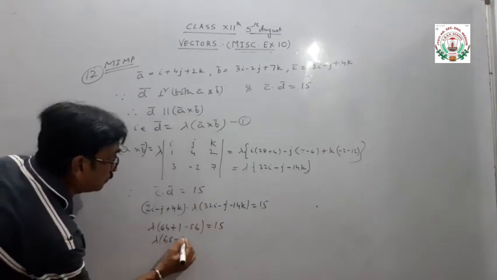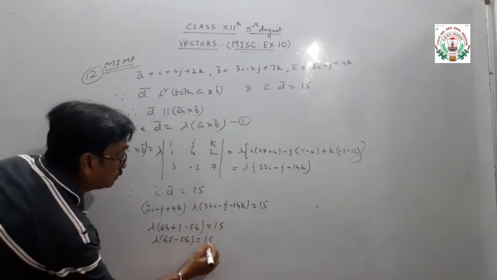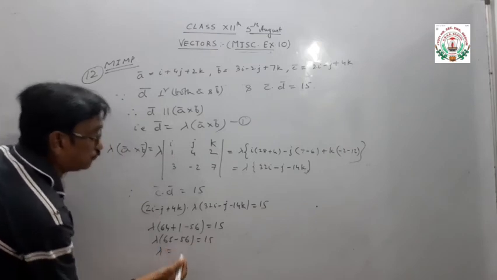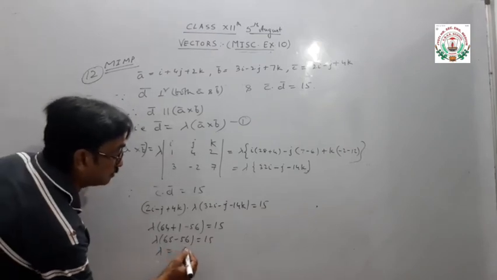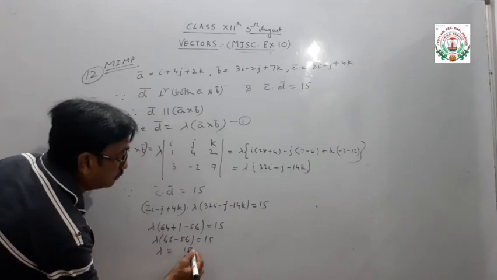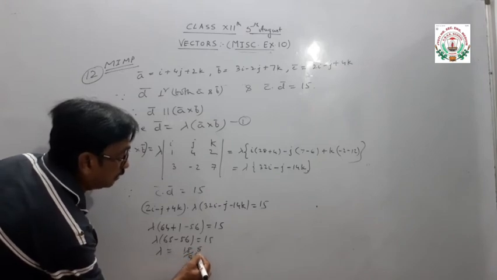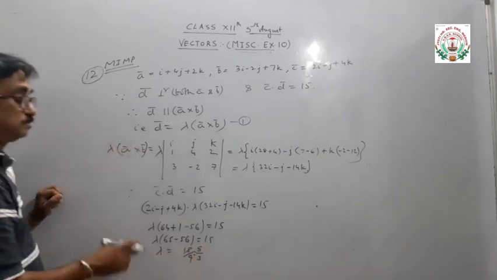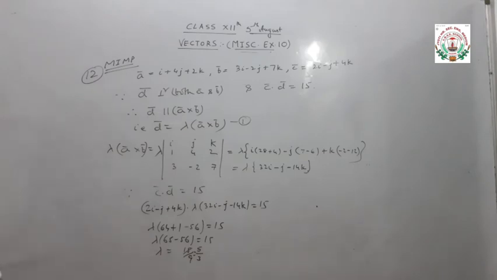Lambda into 65 minus 56 equals 15. Lambda equals 15 upon 9, that is 3 fives are 15 and 3 threes are 9, so 5 by 3 is the value of lambda.